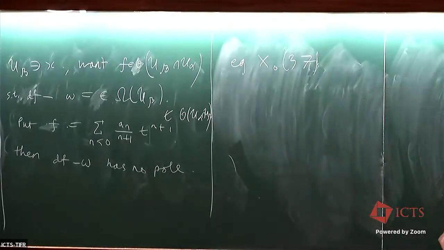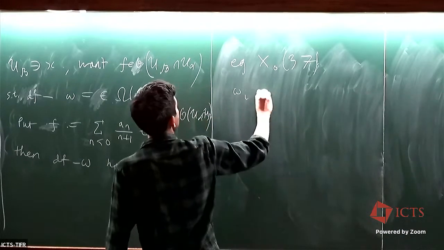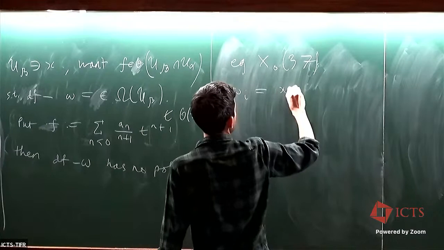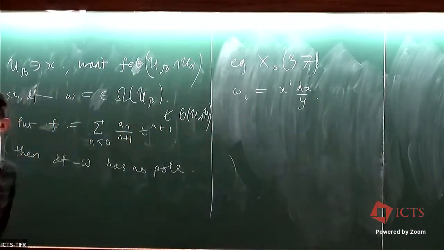So let's take a differential of the form omega_i equals x^i g(x) dx over y. Then we want to see if we can extend this to infinity. In this case, there are 2 points at infinity, and if you think about it, they're defined over Q(i).